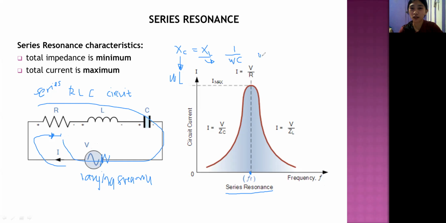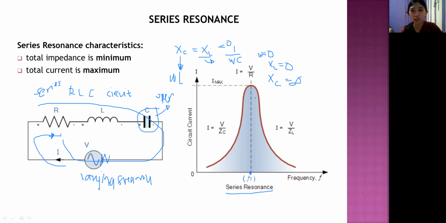If we set omega equal to 0, the inductive reactance will be equal to 0, and the capacitive reactance will be infinity. In that case, you consider this an open circuit, so obviously there's no current flowing here.